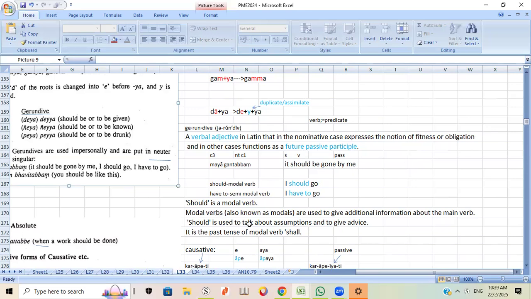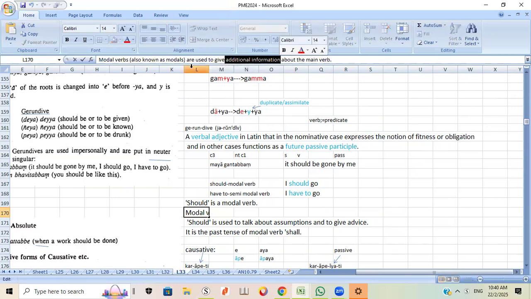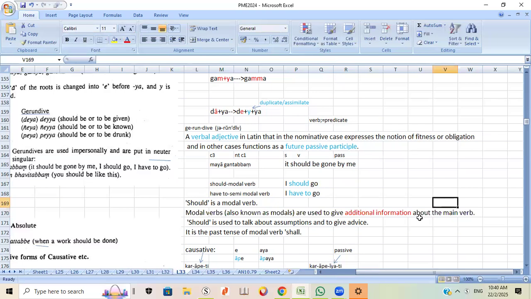Modal verbs are used to give additional information. This is the most important. When we translate Pali to English, we need to give additional information in our translation. That's why modal verbs are involved.